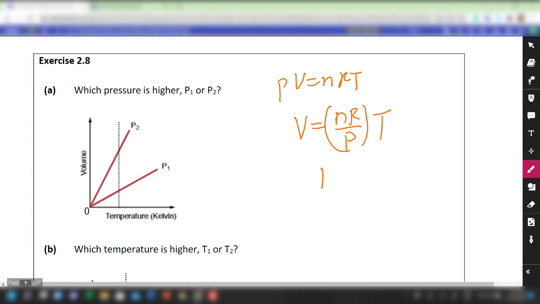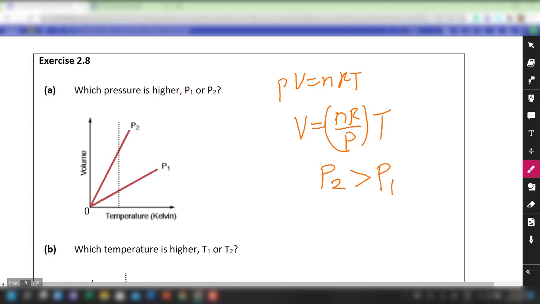So in that case, let's say P2 is a larger number than P1. Then I will expect the graph for P2 to take on a smaller gradient. Am I right to say that? Because P is found at the denominator, the smaller the P value, the greater the gradient.